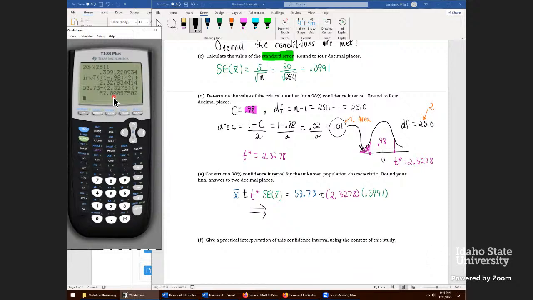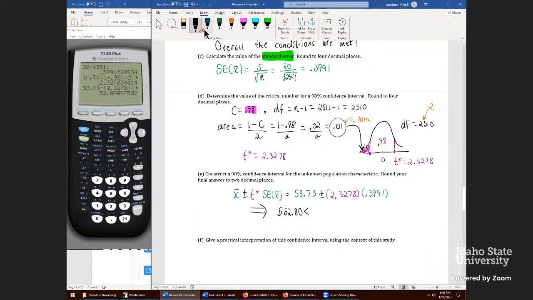So lower limit is, this is money, so 2 decimal places really make sense, $52.80 is the lower end. This is less than the unknown parameter mu that we described earlier. And mu is going to be less than the same quantity, but convert to a plus in the middle. Either use up arrows.